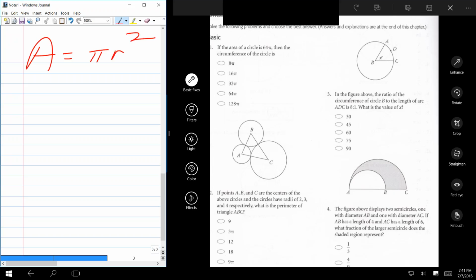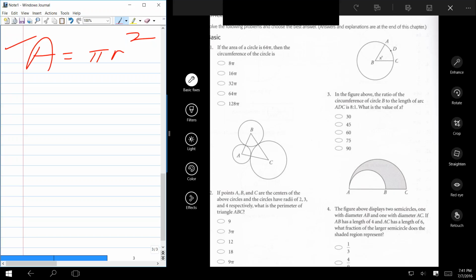Okay. Well, here are the steps. And remember this, in geometry, the first step should always be to write the general formula. This is the general formula for area. Now tell me what the radius has to be.